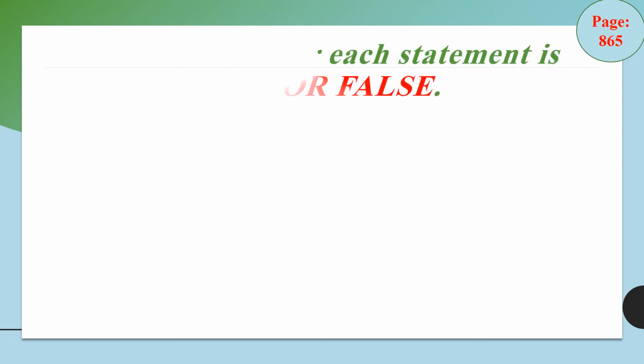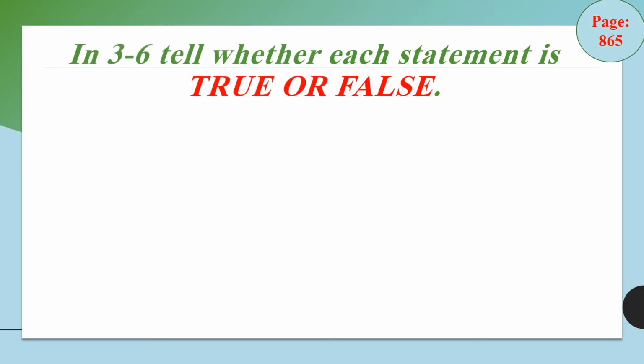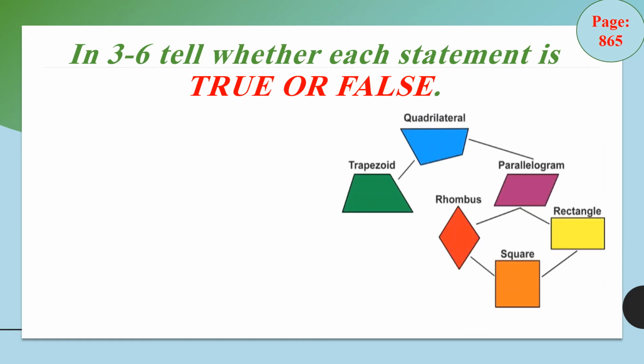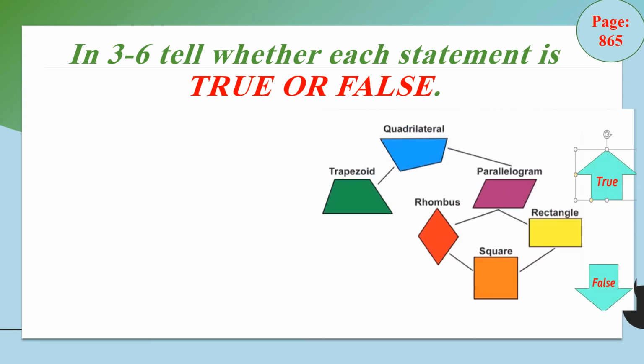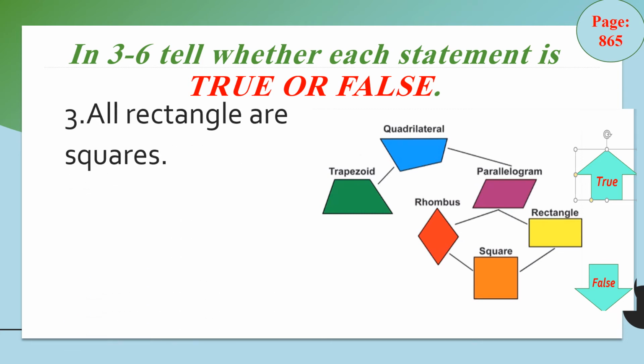Now let's solve a problem from your classwork, page 865. In questions 3 to 6, tell whether each statement is true or false. Let's take the help of our family diagram of quadrilaterals. Always remember, whenever we move upwards, the statement is true. Whenever we move downwards, it is false. Question 3.